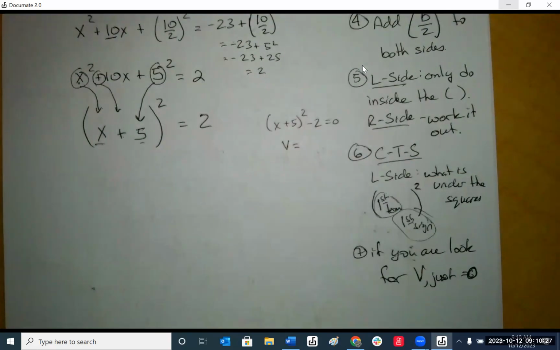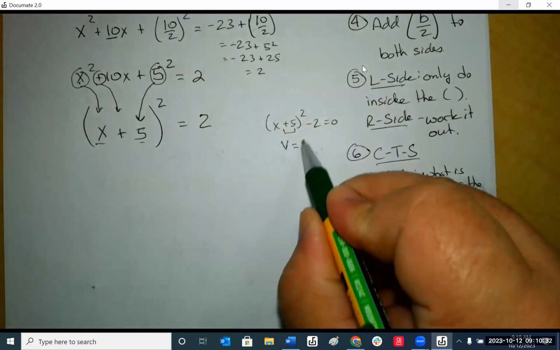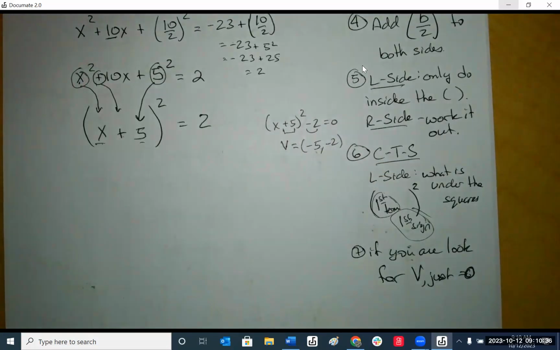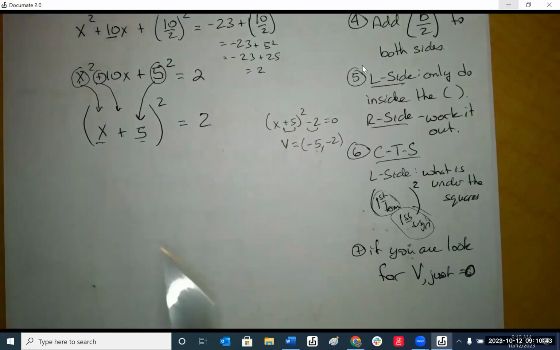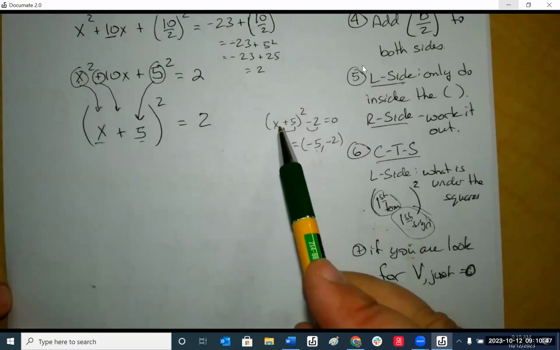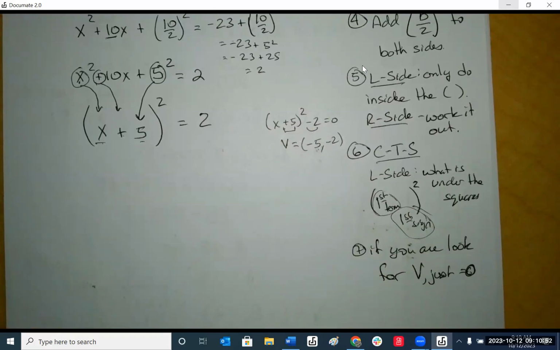So the vertex would be what? Opposite of this one, which is negative 5 and negative 2. Remember, anytime you have anything inside of parentheses, it's always the opposite. So it's x plus 5, it becomes negative 5. And then negative 2. That's the vertex. That's just a side note.